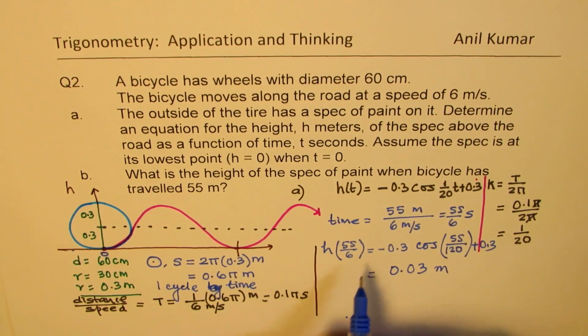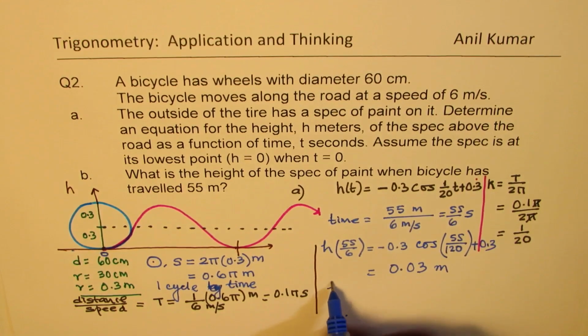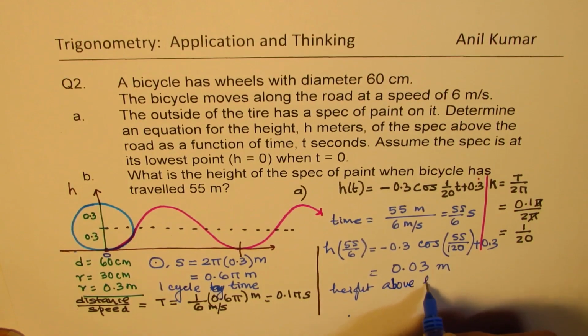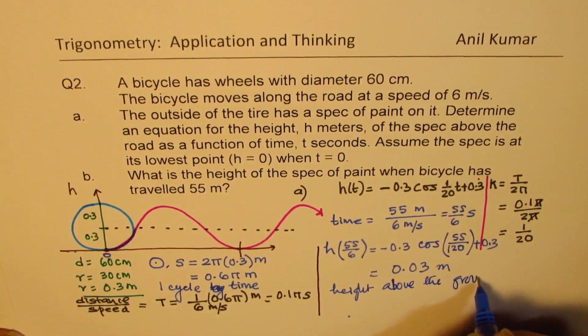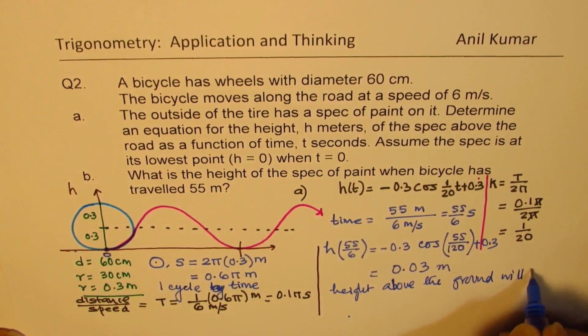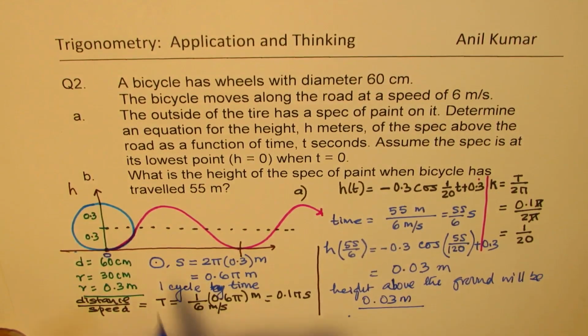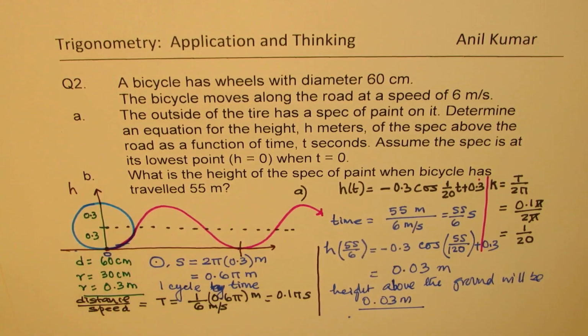So our answer here is that the height above the ground will be 0.03 meters, right? So very close to the ground. Correct? So that is how you're going to solve this question. I hope you understand and appreciate it.